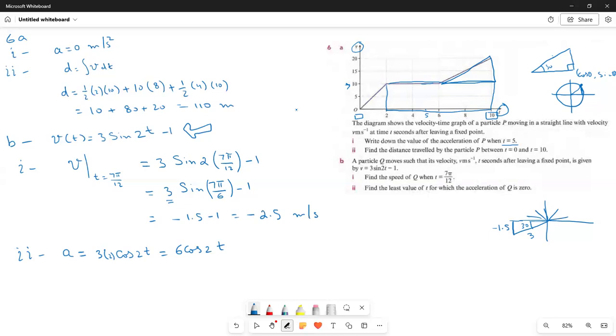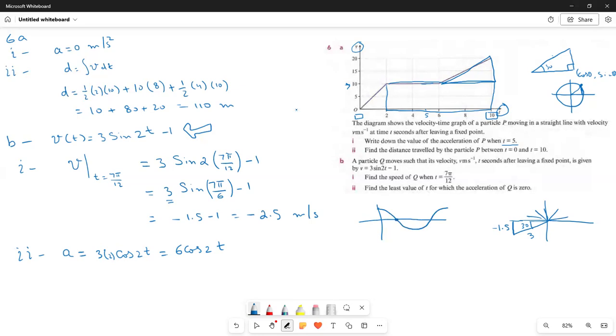Now we need to find the least value of t. If you remember, the graph of this function is going to be something like this. It starts from 1 and goes down to 0, so it becomes 0 for the first time over here.